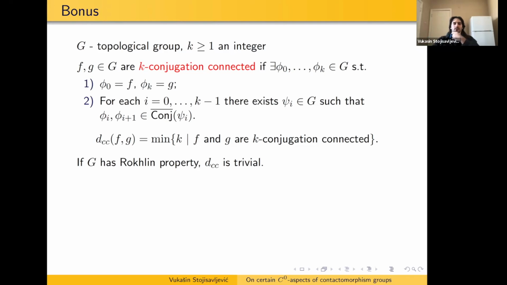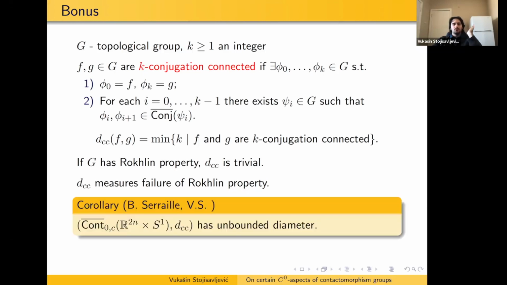However, in general, it's not equivalent. This fact says that the trivial metric corresponds to the Rokhlin property, but the bigger the metric, the more the Rokhlin property fails. You can think of it this way: showing that this metric is big really means the Rokhlin property is failing badly.